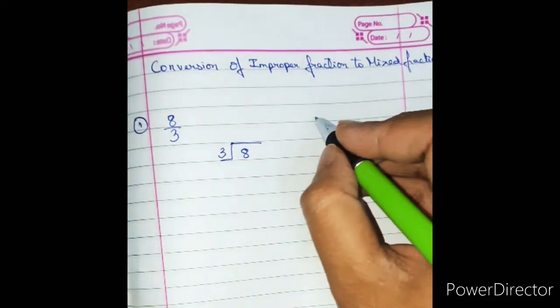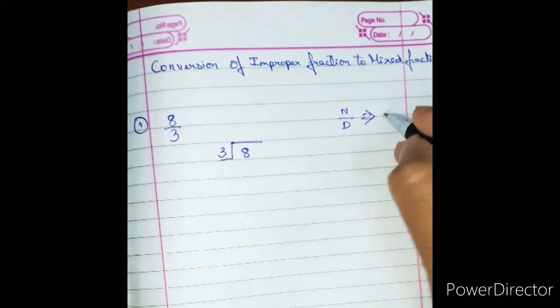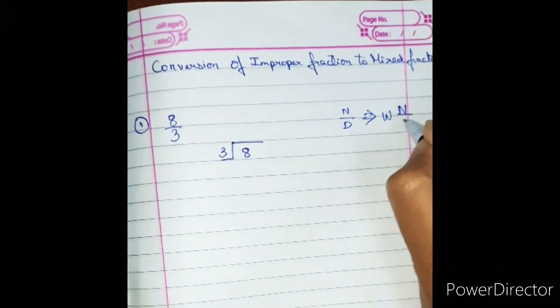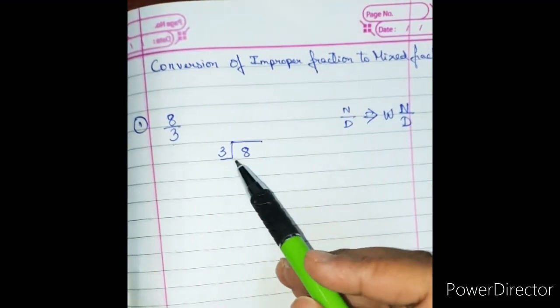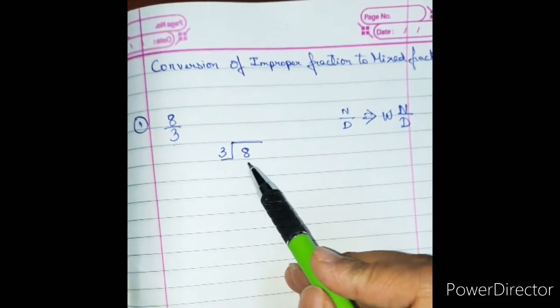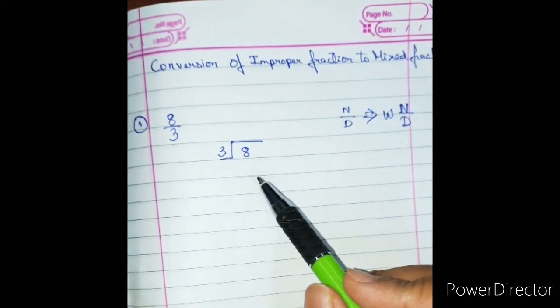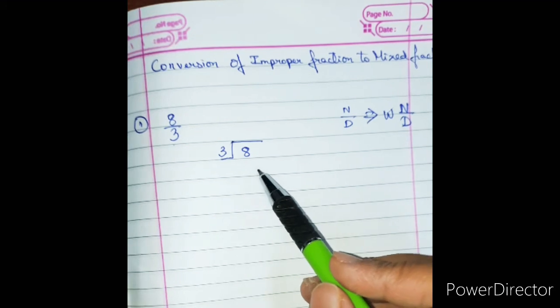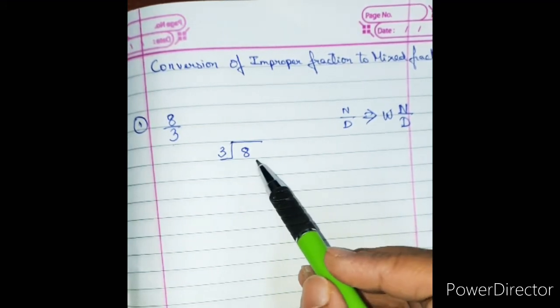What is our aim? From the numerator and denominator we need to get a whole number, numerator and denominator, that is a mixed fraction. Let's start. We have to check the 3 times table and divide 8. 3 ones are 3, 3 twos are 6, 3 threes are 9. Which one will go? 3 twos are 6 is better, because 3 threes are 9, and 9 is greater than 8.